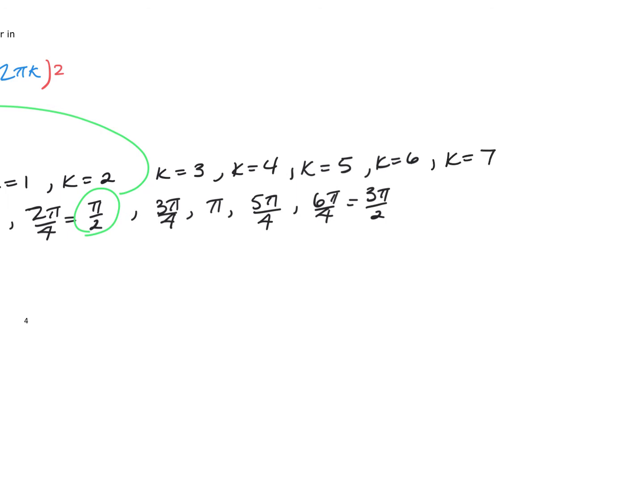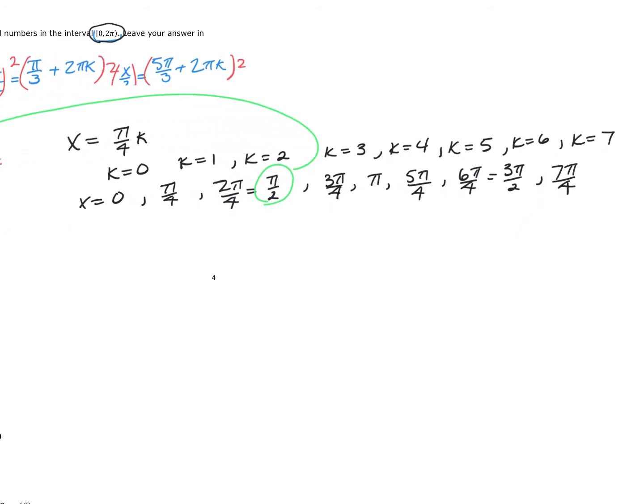When k is equal to 7, I'm going to get 7 pi over 4, and I have finally exhausted my solutions. I have 1, 2, 3, 4, 5, 6, 7, and 8 solutions.